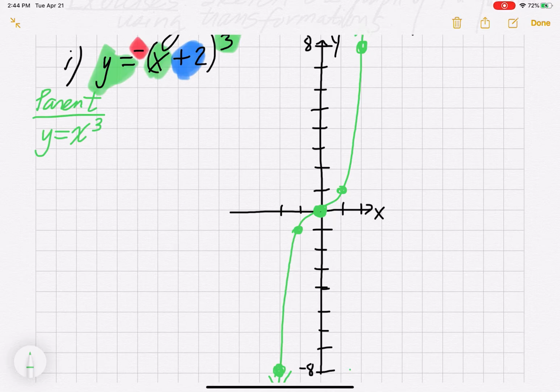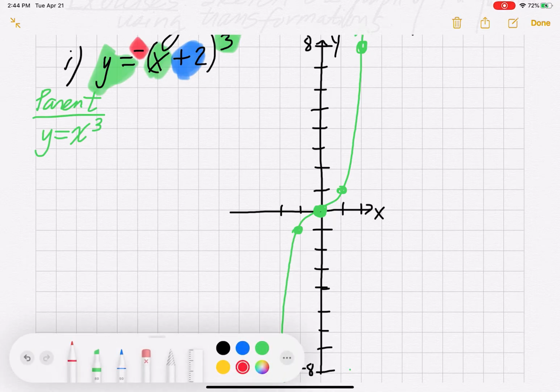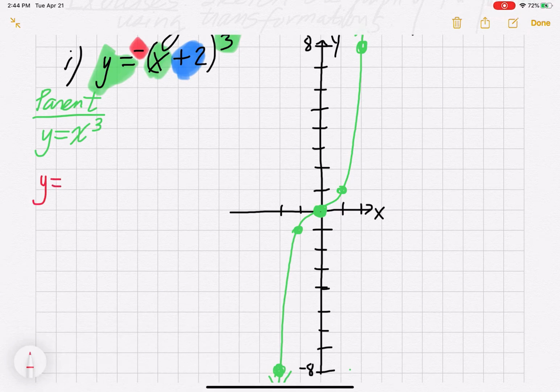All right, so first we want to deal with this red negative out in front of the house. What happens? We got y equals minus x cubed. So basically do your order of operations from left to right. You got a minus out in front of the house. It reflects about which axis? Remember when you have a minus out in front of the house, it flips it upside down, so it's about the x-axis.